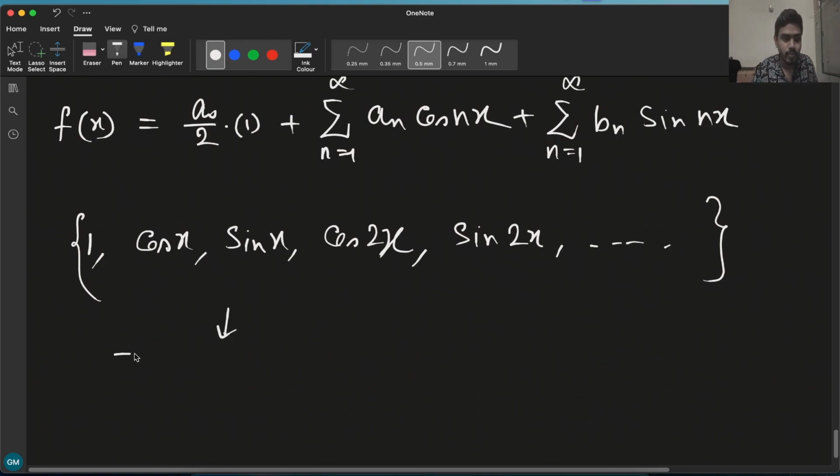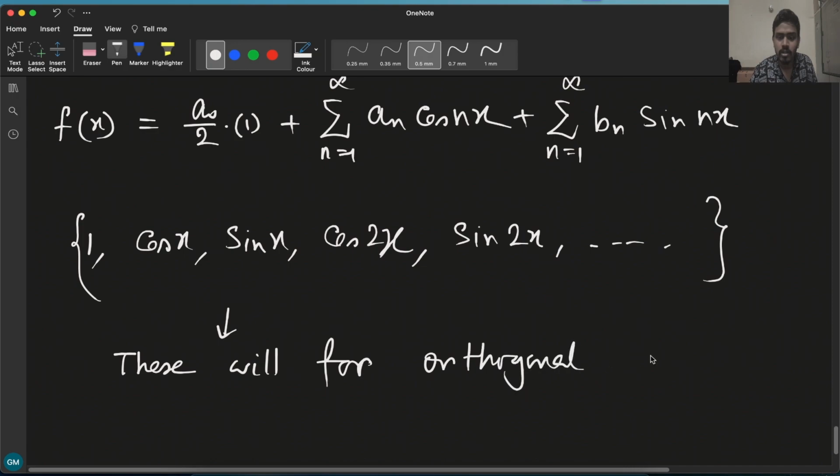That means these will form a set of orthogonal basis vectors.